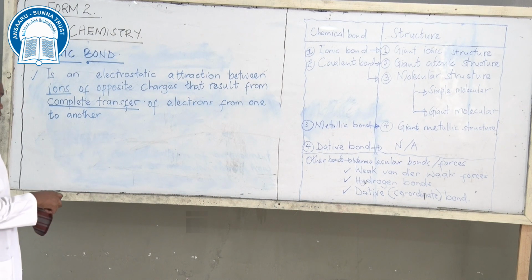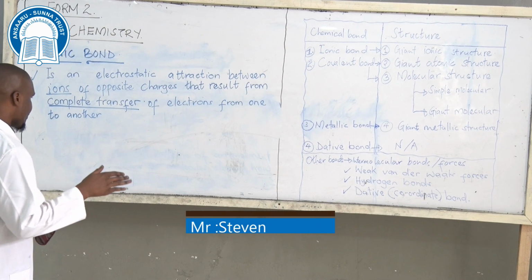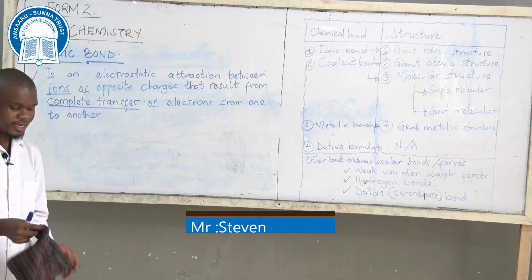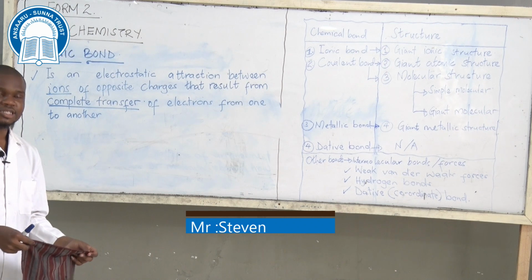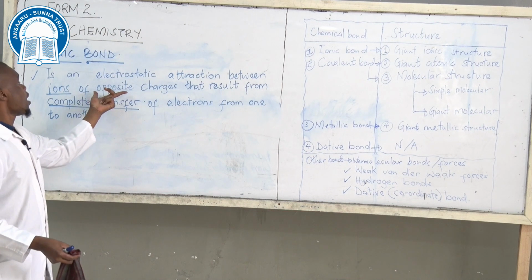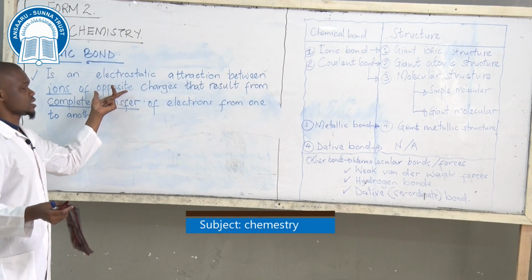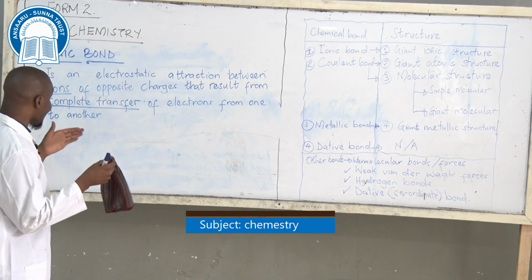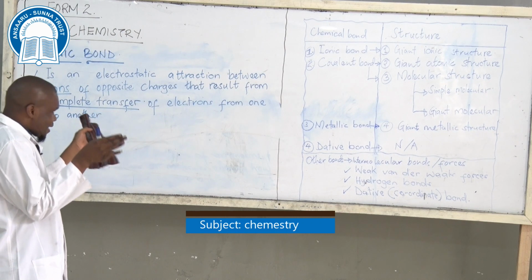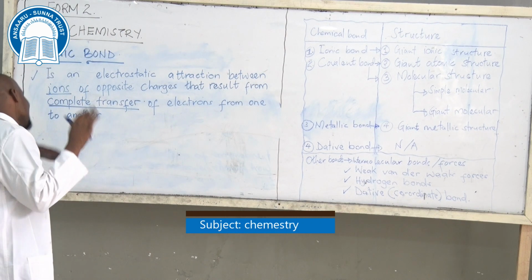So when we say ions of opposite charges, we know the basic law of charges, where we say like charges repel and unlike charges attract. So that is why we are saying ions of opposite charges. Obviously, ions of opposite charges would attract. So the attraction between these two ions is what we call the ionic bond.